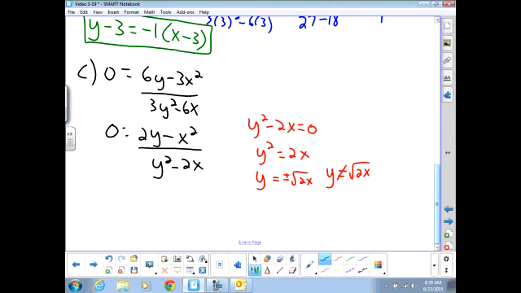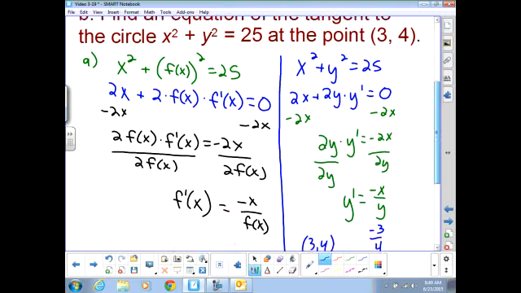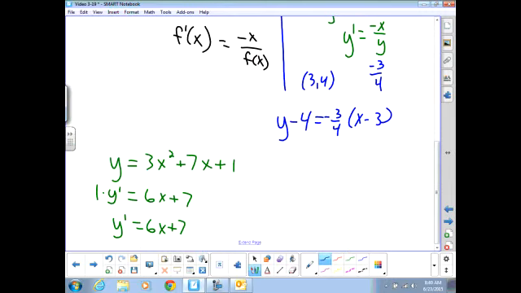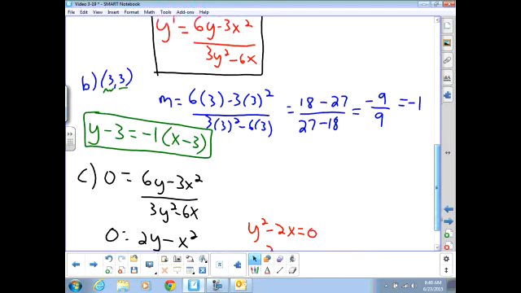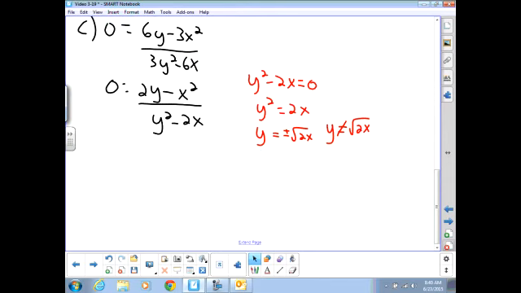Well, we now want to know when this fraction is 0. And a fraction is 0 when the numerator is 0. So we'll just worry about when the numerator will equal 0.